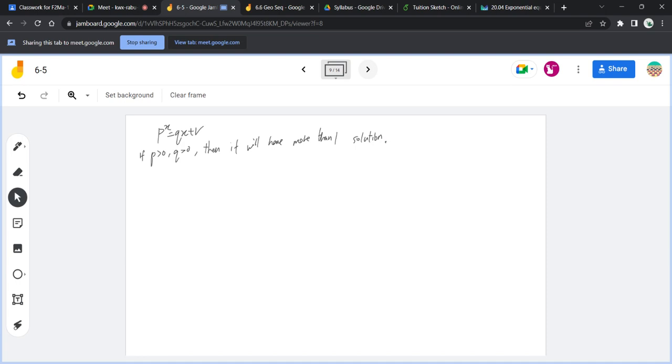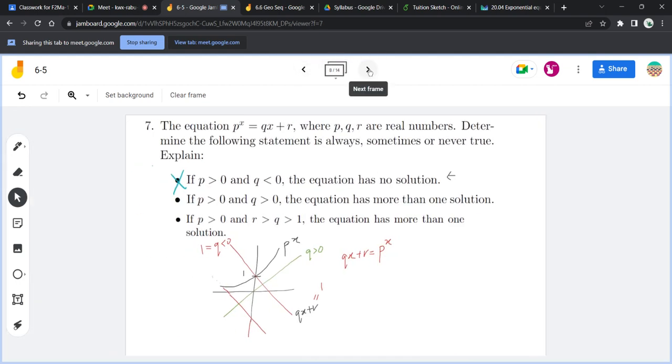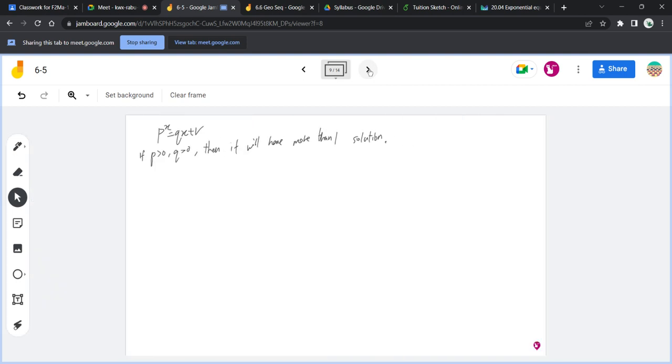So in this case, what we need is to draw the graph. So the same thing, p to the power x is this type of graph, while qx plus r is also a straight line. Well, note that q is larger than 0, so this line is pointing to the right side.